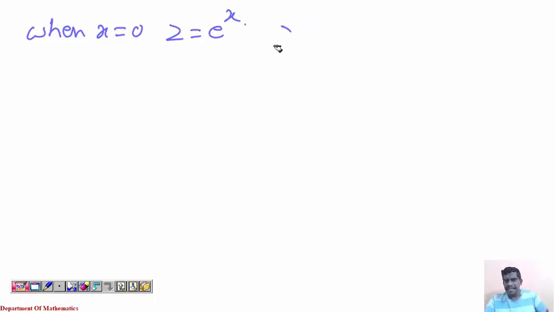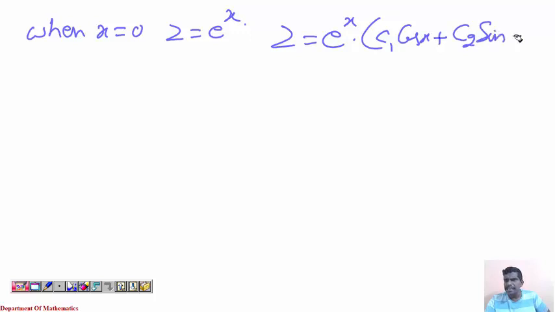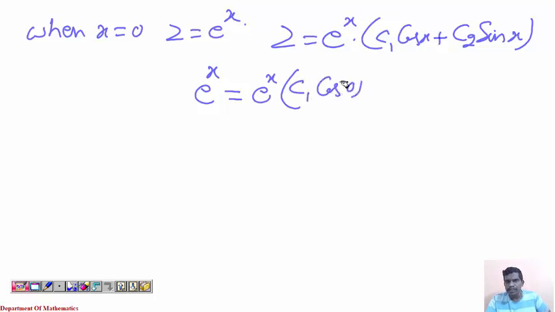We have z is equal to e to the power of x into c1 cos x plus c2 sin x. Now, if I substitute this, the z value e to the power of x is equal to e to the power of x into c1 into cos 0 plus c2 into sin 0. Sin 0 is equal to 0, cos 0 is 1.